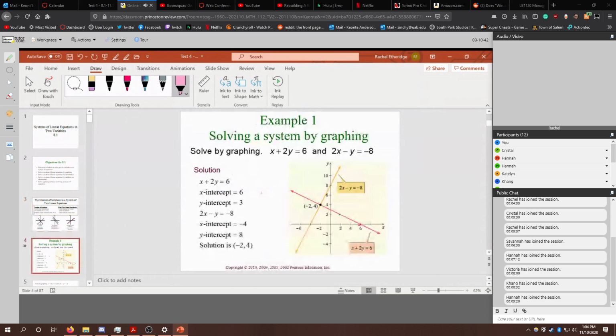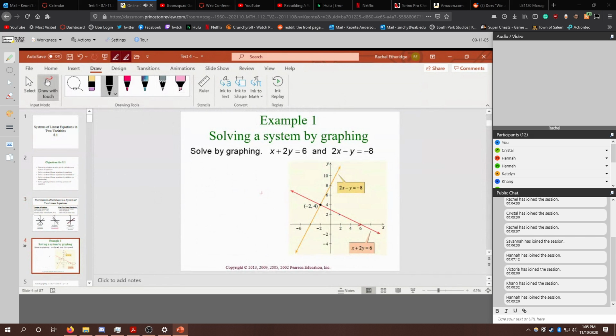So you've got to figure out a way to graph. I think I'm going to do this for you. I'll leave the graph there, but I'm going to work this out. Okay, so what we have here are two linear equations.